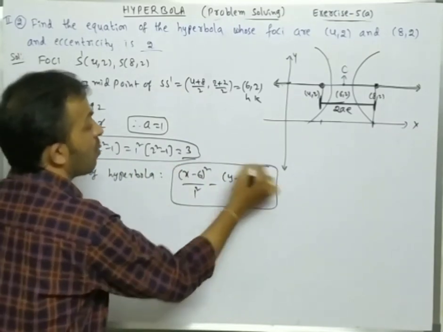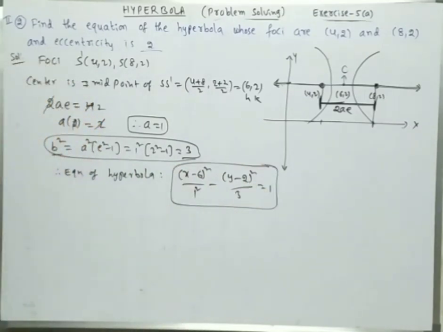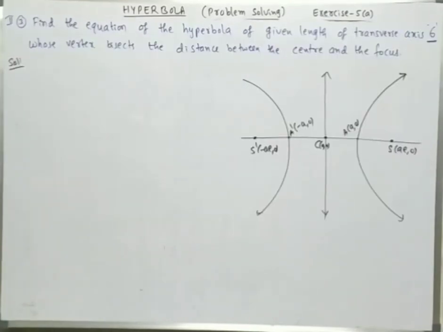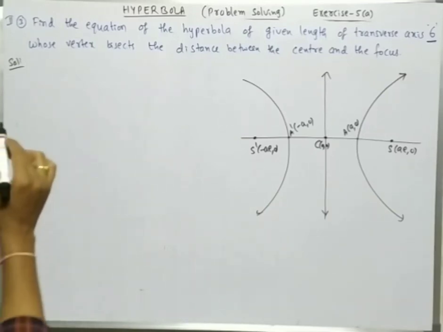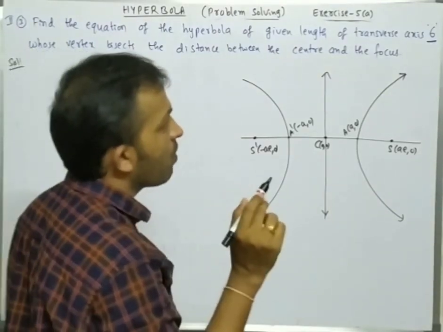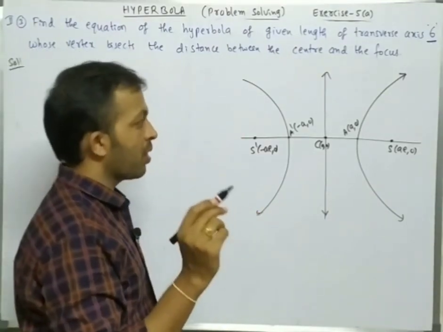So this is the required equation of the hyperbola. Here we should find the center of the hyperbola and the a, b values, then we will get the equation of the hyperbola.